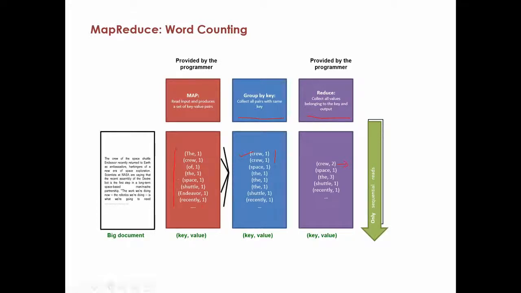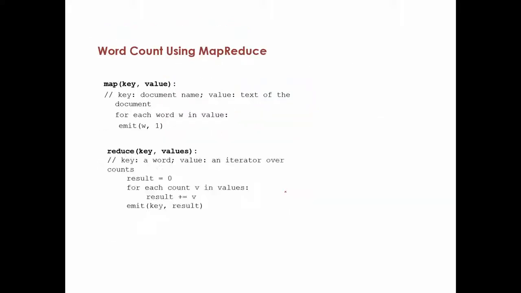So this is how a MapReduce program is going to solve the word count problem. This is the pseudocode for the mapper and the reducer. For each word w in value, so in this case the input value is just the sentence, emit word comma 1.